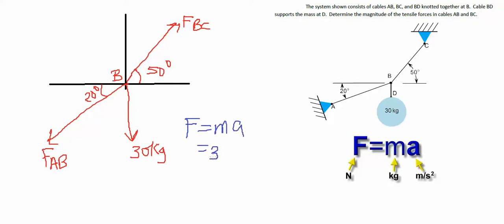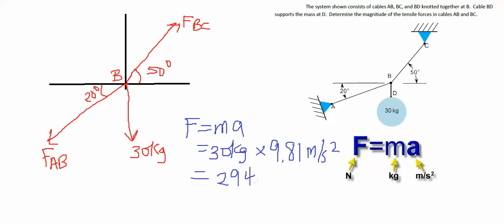Our mass is 30 kilograms, and the acceleration, provided we're on Earth, is 9.81 meters per second squared. So multiplying this together, what do we have? We get 294.3 kilogram meters per second squared, which is also the same as newtons. So now we can rewrite our force here as 294.3 newtons.